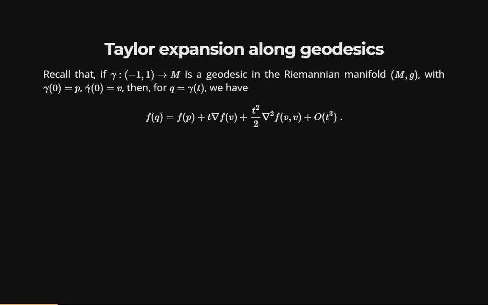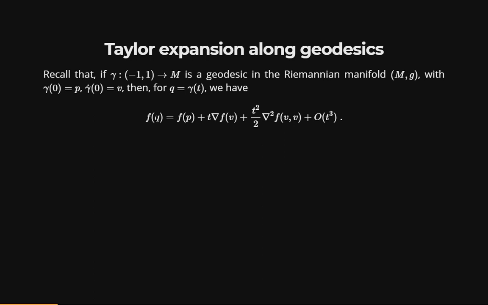Let me recall that if you have a geodesic with given starting point p and given initial tangent vector v, then for every other point of the geodesic you can write the Taylor expansion like this.